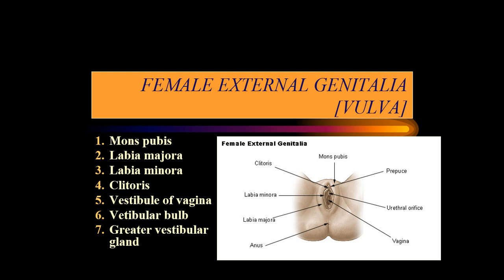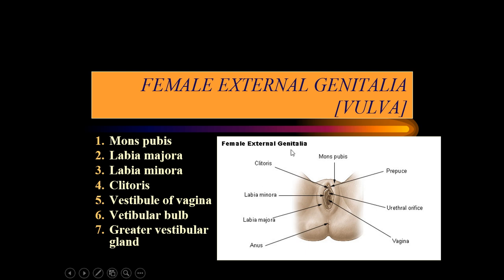Then in the front, on the top, or more proximal or anteriorly, we can say, there is a very important structure which is called the clitoris. This is just the remnant of what we can say is the penis in the male.